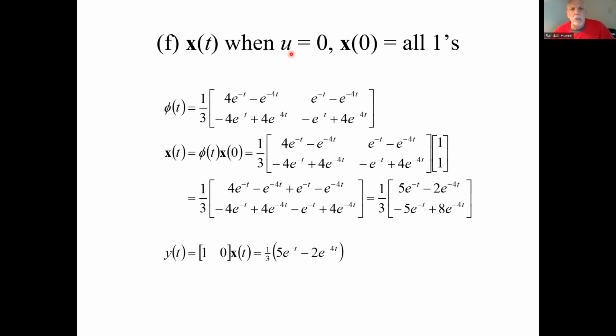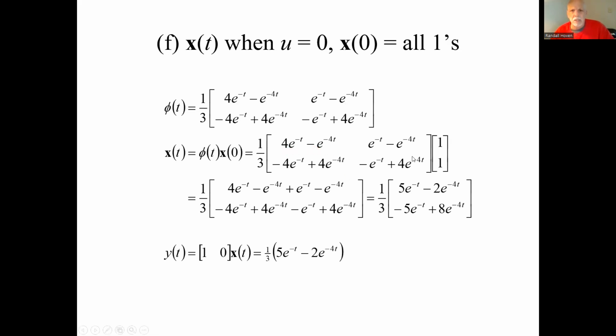Find the state when the input is 0 and the initial condition is all ones. When the input is 0, we can find all that out from the state transition matrix. Here's the state transition matrix. All we do is multiply it by the initial state, and it said it's all ones. Now I'm just doing this matrix multiplication.